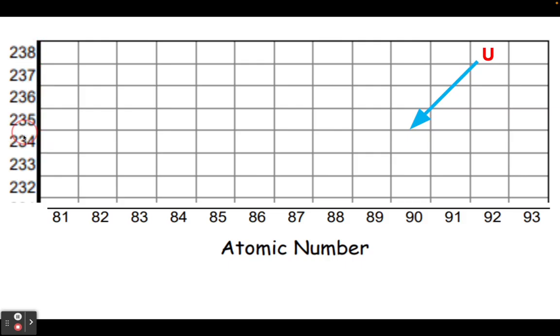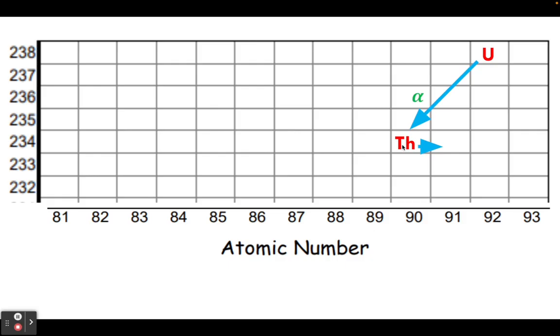So now it's here in this mass, and it's going to decrease by 2. So notice that here it was at 92, and it decreases by 2. Now it's at 90 and 234. So this is where we're going to put our next element. So it undergoes alpha decay, and that's what we have, thorium, right? So thorium 234. So what's the next one? So thorium, what happened to thorium? It went under beta decay.